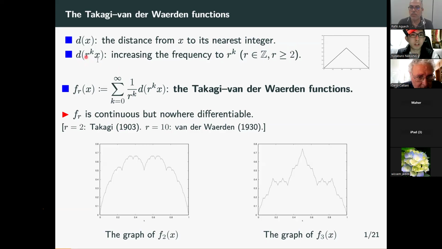So d of r^k x is the fractional part of r^k times x. So the sequence d of r^k x, according to k, forms a dynamical system on the unit interval.